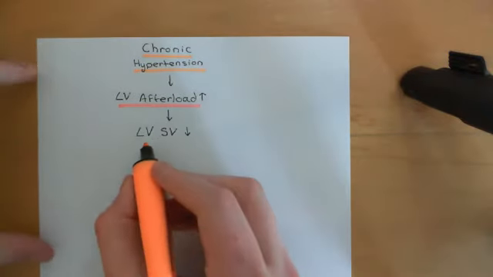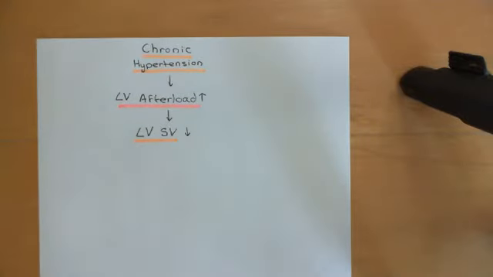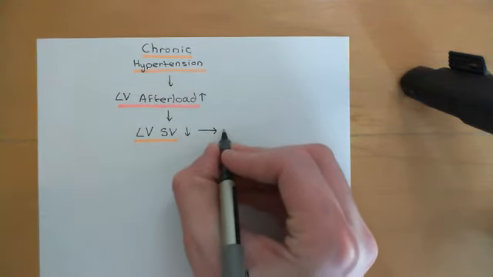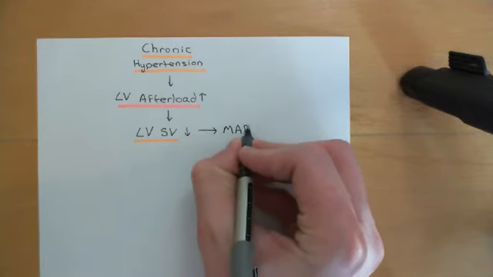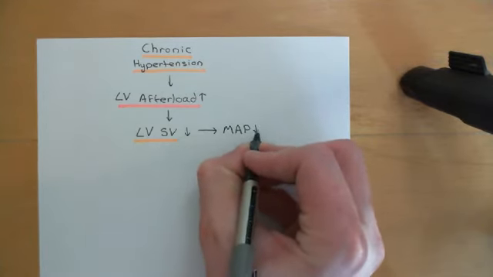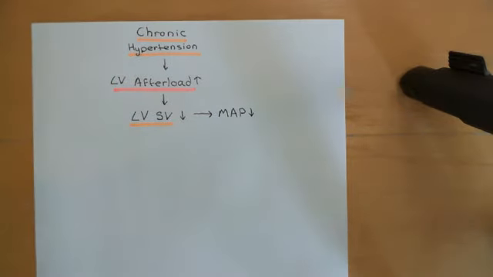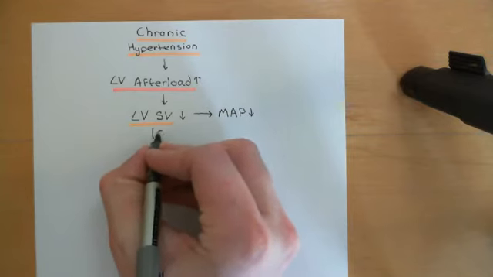Now, what effects is the left ventricular stroke volume going down going to actually have? Well, the first effect that I want to talk about is that left ventricular stroke volume going down is going to cause mean arterial pressure to go down as well. Okay, and I want to explain exactly why this is, but first I should probably say that if left ventricular stroke volume goes down, cardiac output is going to go down.